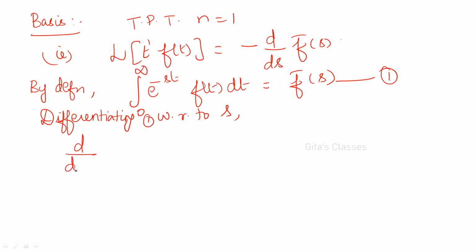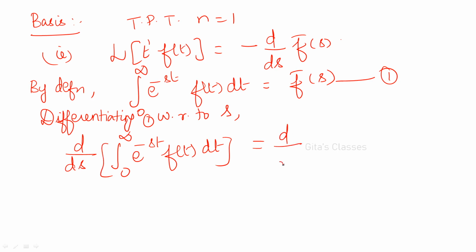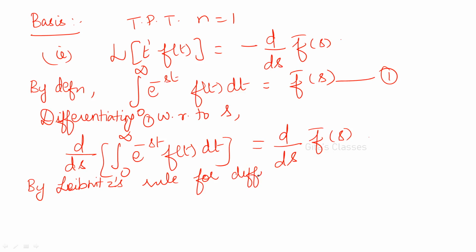So d by ds of integral 0 to infinity e power minus st into f of t dt is equal to d by ds of f bar of s. Okay. So now we have to take this d by ds inside the integral, that is, we have Leibniz rule for differentiation under integral sign.